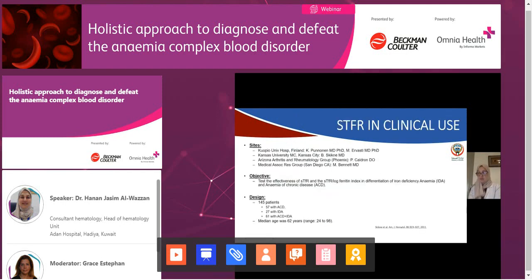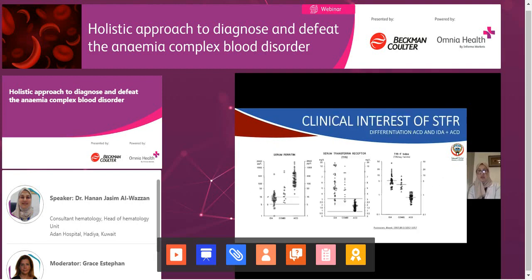A study done at 4 sites and published in 1997 included 145 patients with anemia of chronic disease, anemia of iron deficiency, or combined anemia, and the data showed three figures. The first figure showed that the serum ferritin can differentiate between anemia of chronic disease and anemia of iron deficiency, but cannot differentiate the combined anemia.